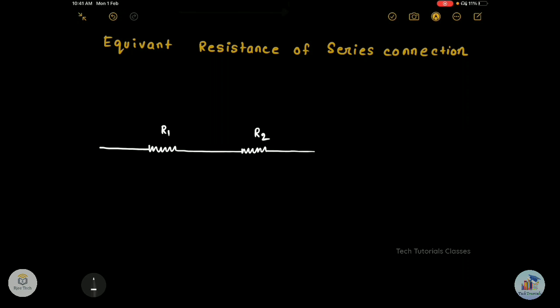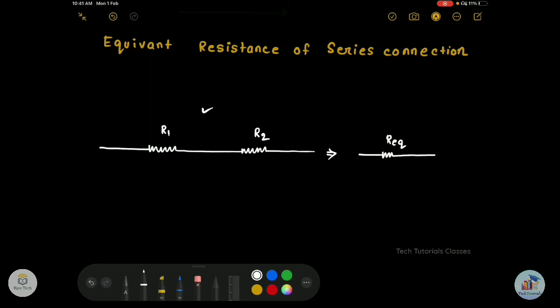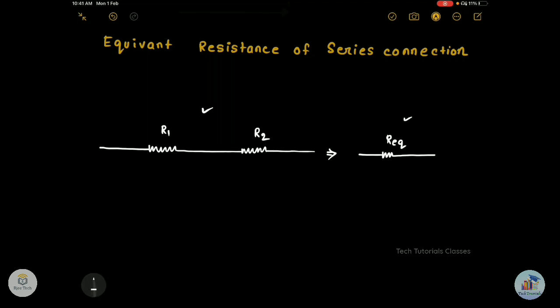If I want to replace this circuit by a single circuit that behaves exactly like this circuit, I need to replace the two resistors with the equivalent resistor. The equivalent resistor will behave as the two resistors R1 and R2 combined. So the behavior of this circuit and this circuit would be the same.